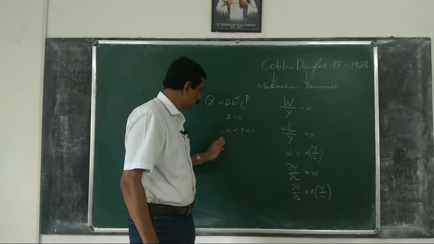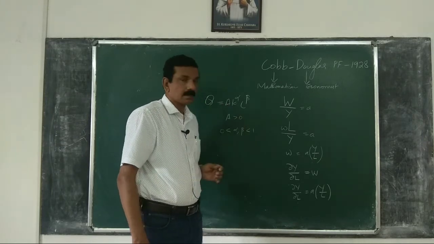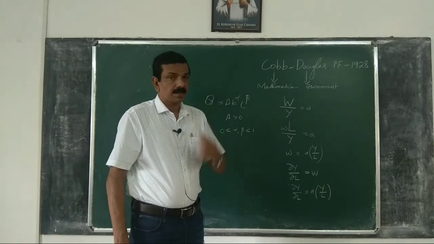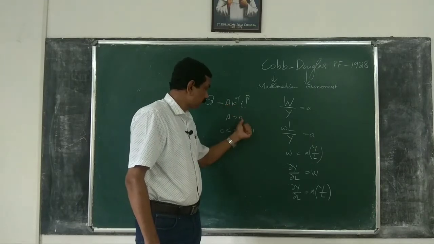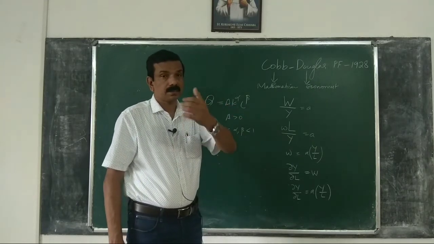Q is output, A is known as the efficiency parameter, a parameter representing what is known as productivity.